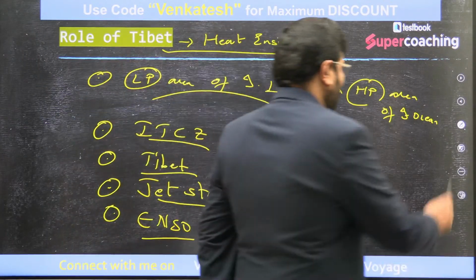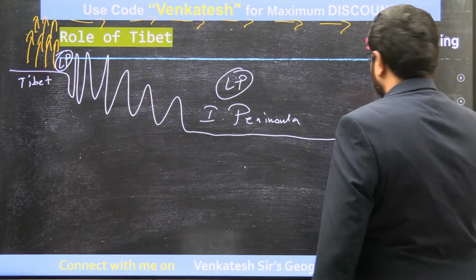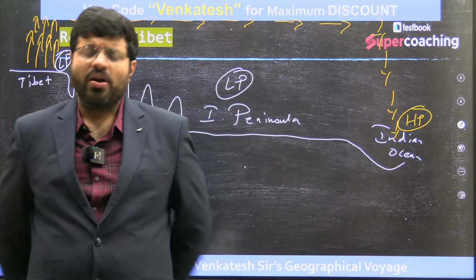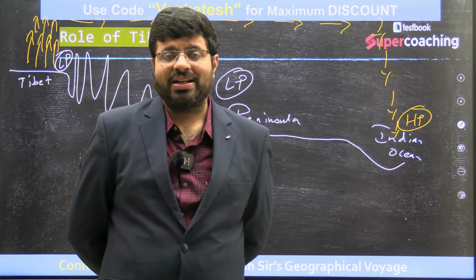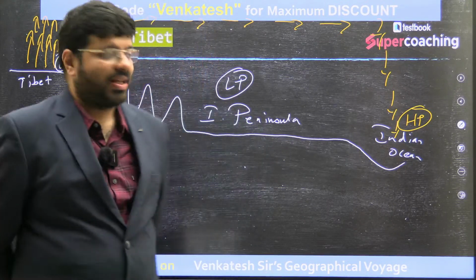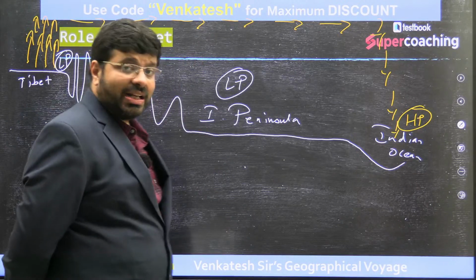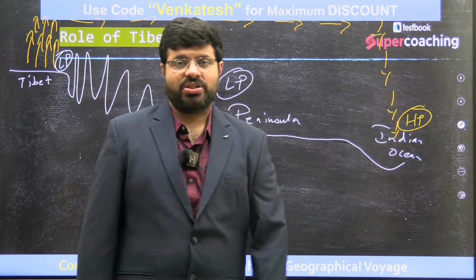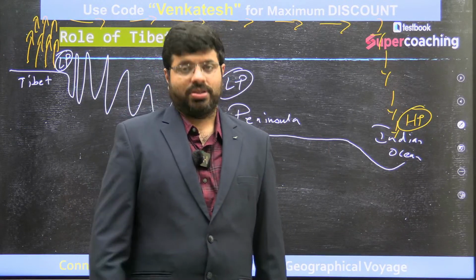One of the things you need to ask: why is there a burst of the monsoon? Why do you think monsoons are entering very, very suddenly? The reason is simple. There is a sudden abrupt change of the pressure conditions between the Indian peninsula and the Indian Ocean. That is the reason why they burst.